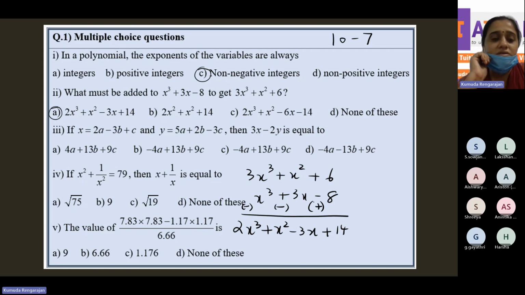Okay, we'll see the answer to the third one now. Find 3x minus 2y. 3x.